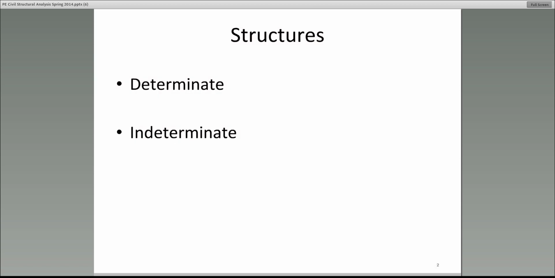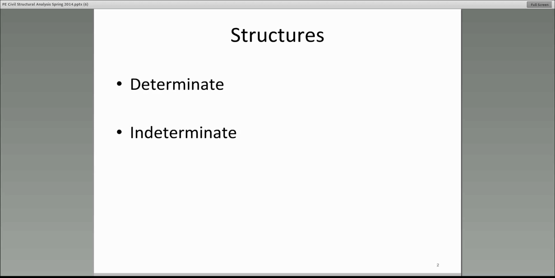As far as structural analysis is concerned, all of you at some point have had a course in structural analysis, and you do remember that there are two types of structures. One is determinate, the other is indeterminate.